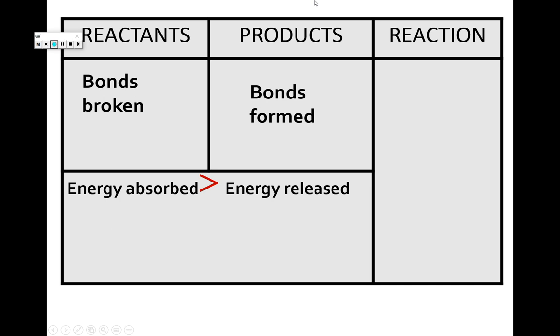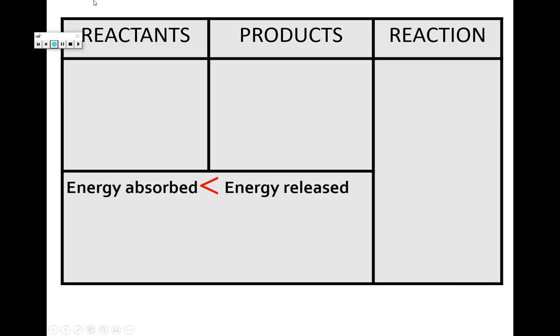So if the energy absorbed is greater than the energy released, then that's endothermic. We say the system absorbs energy, or the system gains energy. If you don't like the word absorb, that's fine. Okay? And then the reverse is true.